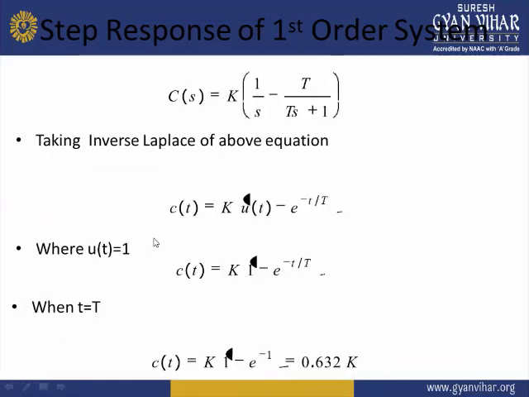Now taking the Laplace inverse of the above equation, we get c(t) equal to K times (u(t) minus e to the power minus t upon T). When we substitute the step input in the time domain equal to 1 in the above equation, we get K times (1 minus e to the power minus t upon T), which can be written as 0.632K.